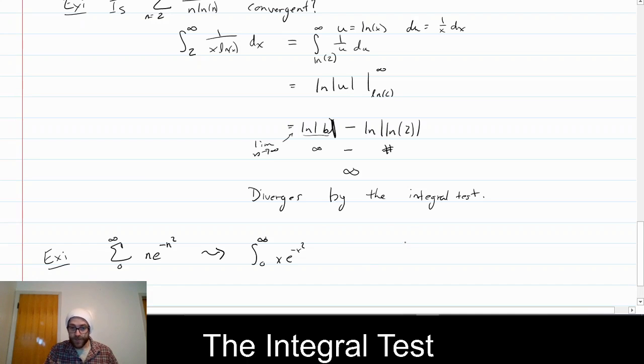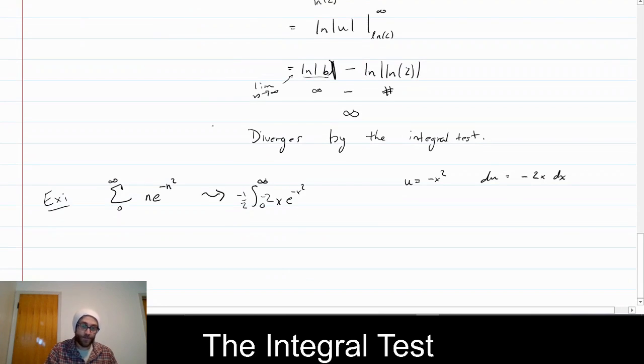And when we do this, we let u be equal to negative x squared. du is going to be negative 2x dx. So we're just going to have to throw in a negative 2 here, and we're going to divide it by negative 1/2 on the outside.